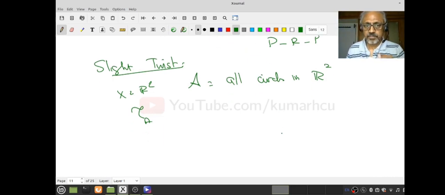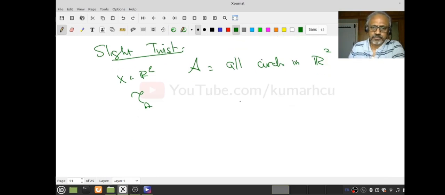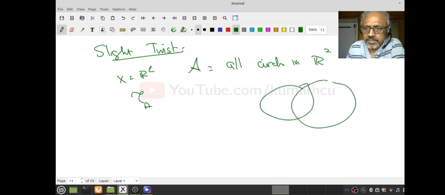Please understand all these examples because they will help you with the abstract theory soon. Now if I take two circles, what are the possibilities? Either they intersect at 2 points, or they may meet tangentially at 1 point.